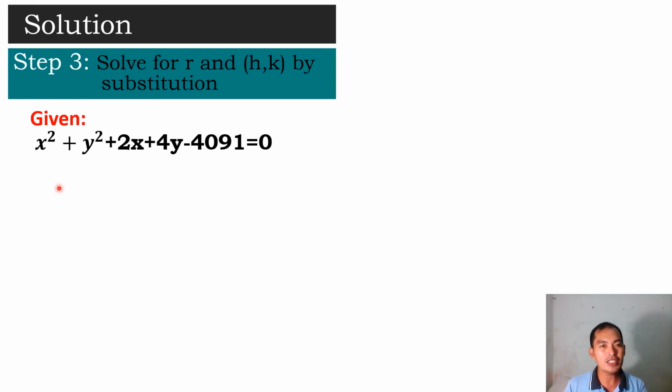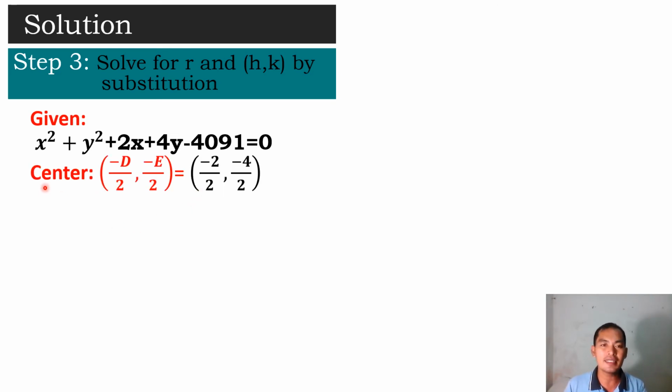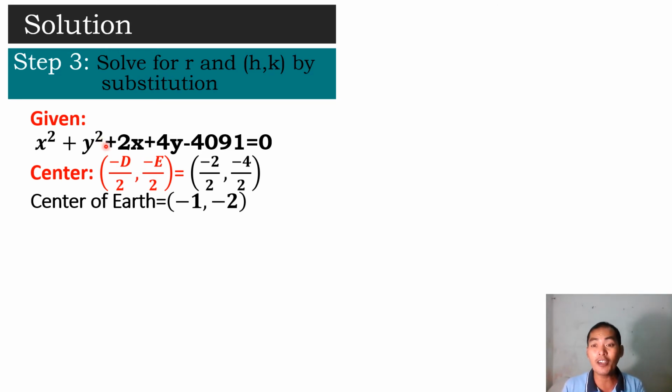The given equation is x squared plus y squared plus 2x plus 4y minus 4091 equals 0. And this is the formula of the center, negative d over 2. D is 2, so negative 2 over 2. E is 4, negative 4 over 2. When we simplify, negative 2 over 2 is negative 1. Negative 4 over 2 is negative 2. That's the center of the Earth, because this equation is for the orbit of the Earth.